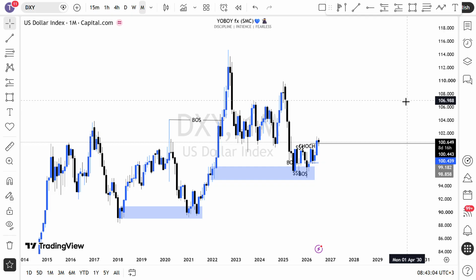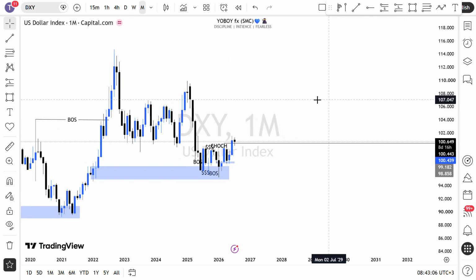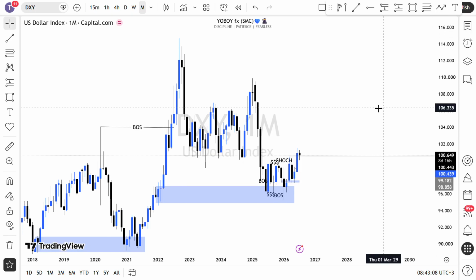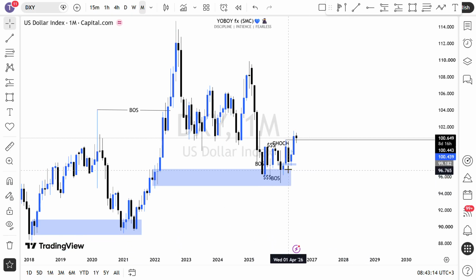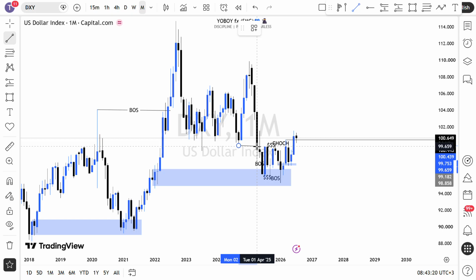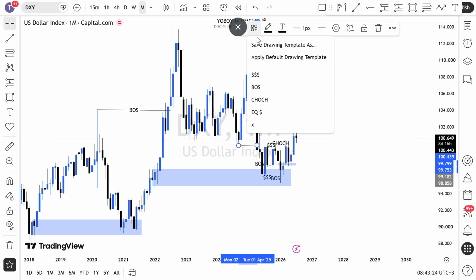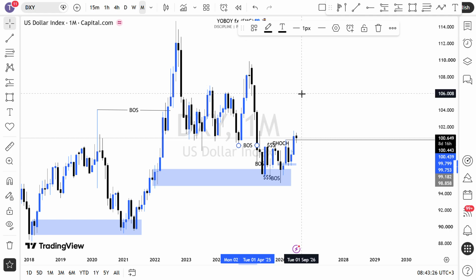So on the DXY, we can see clearly on a monthly time frame, we are now going to concentrate on this retracement that is coming into this demand zone. So right now, you can see clearly that the price traded into this area, giving us a recent break of structure downwards, meaning that we are in a short-term sell.